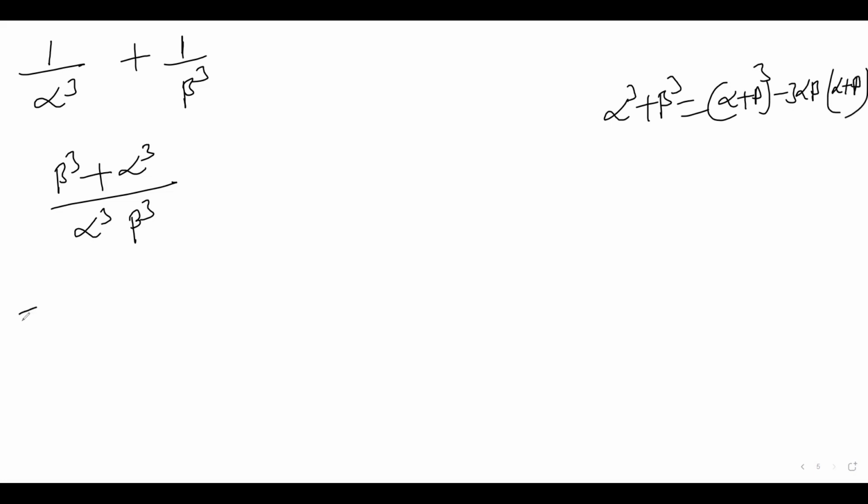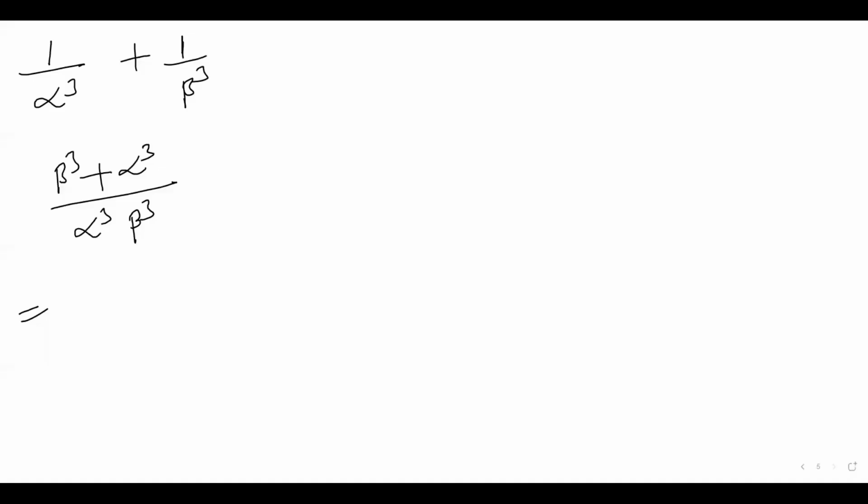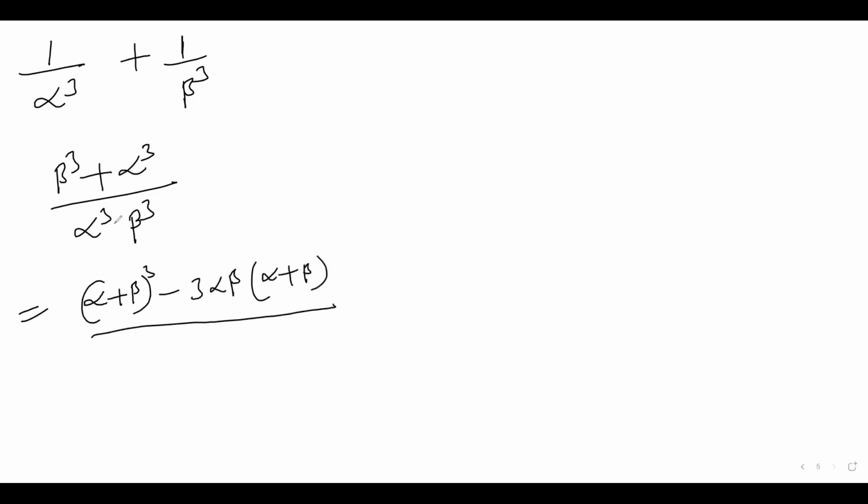So alpha cube plus beta cube can be written as alpha plus beta whole cube minus 3 alpha beta into alpha plus beta, by alpha cube beta cube. We can write alpha beta whole cube. This is sum of zeros, product of zeros, sum of zeros, product of zeros. We already know sum and product. Just substitute.